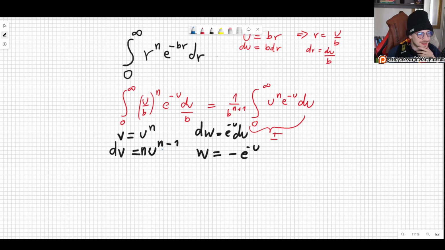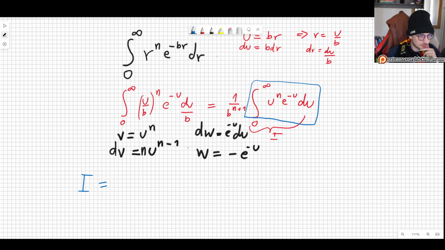Okay, so with this in mind, let's now write down I, the integral. Keep in mind, I'm just solving this integral, so when we finish with all of this, we're going to have to plug this 1 over b to the n plus 1 in front, so do not forget about that.